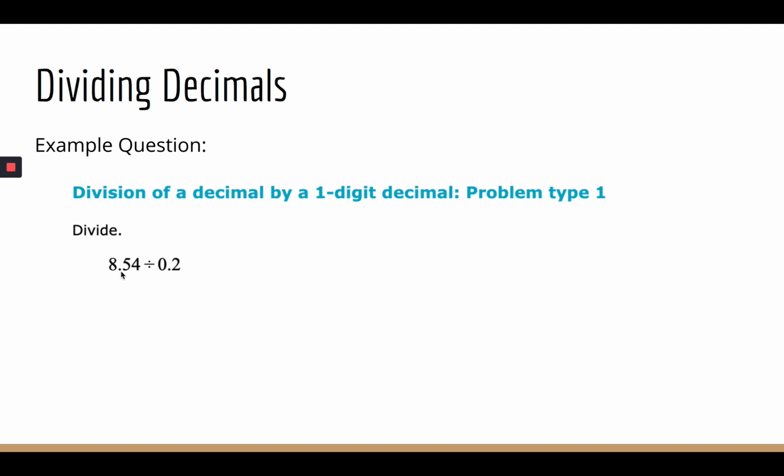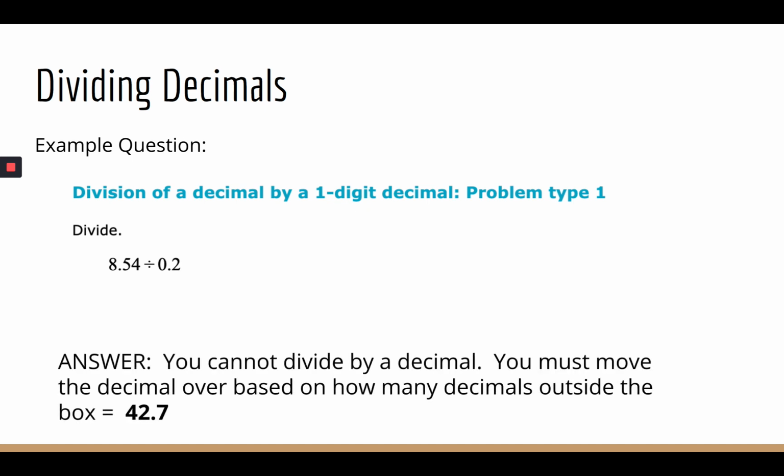And if I move it once there to make this a normal 2, I got to move it once here. And what I really have is 85.4 divided by 2. Pause your video now if you want a chance to solve. And I'm going to throw the answer up on the screen. 42.7.